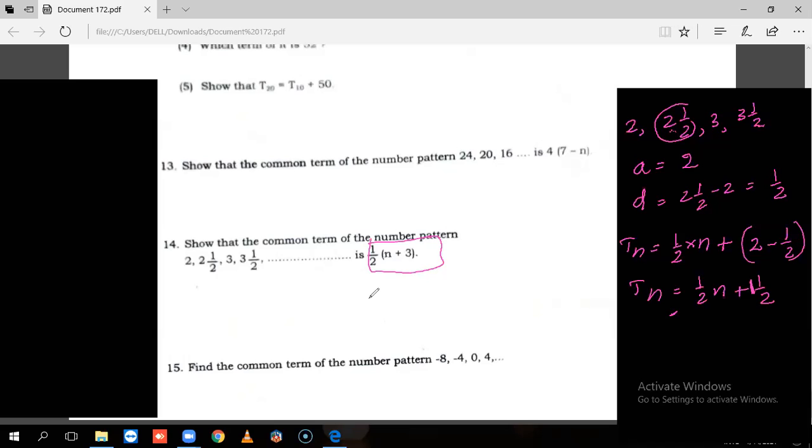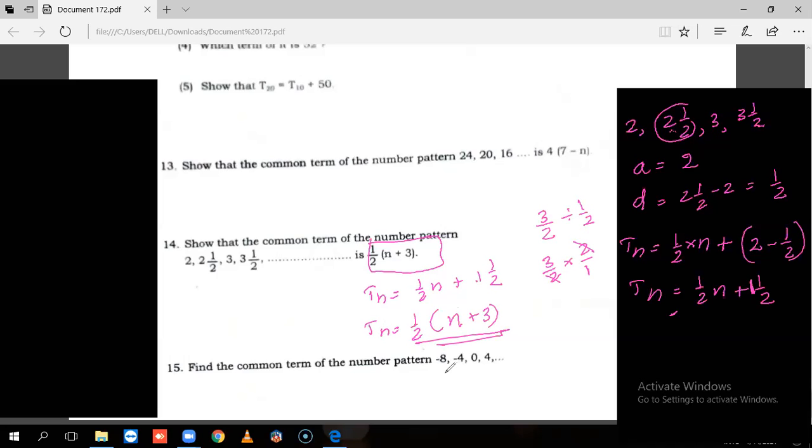So we can write the answer Tn equals half n plus 1 and a half. Half is common, so take it out; then n is remaining. 1 and a half is 3 over 2. When we take half out, you have to divide by half, and division means multiplication with the reciprocal. Remaining 3. Then you can write plus 3. Half n plus 3 is the answer here.